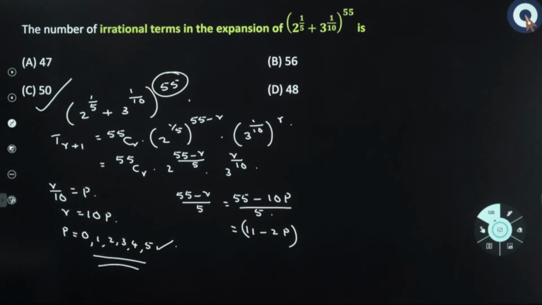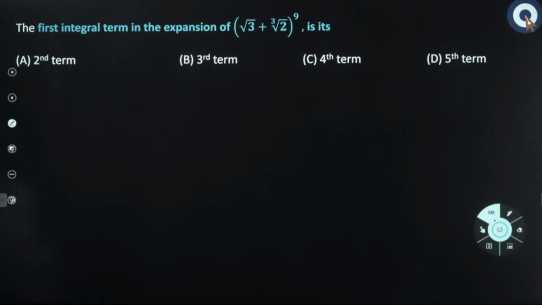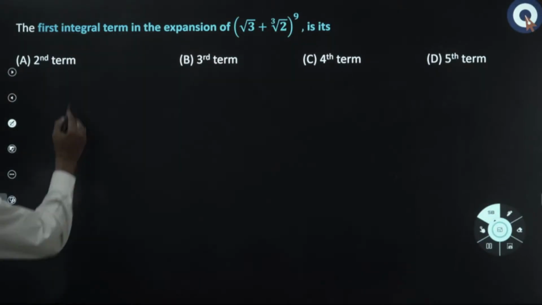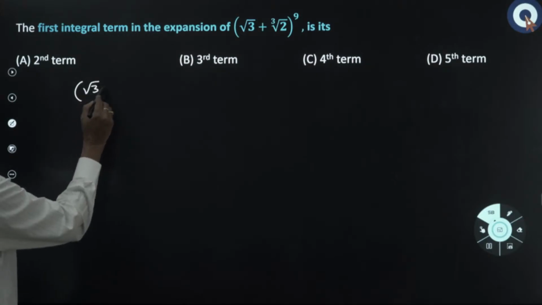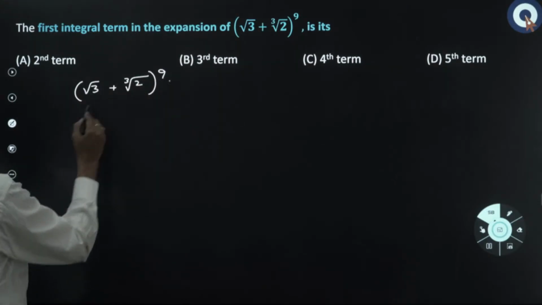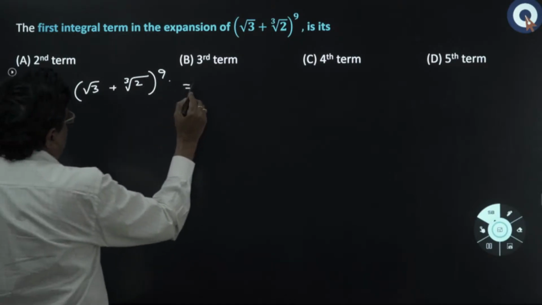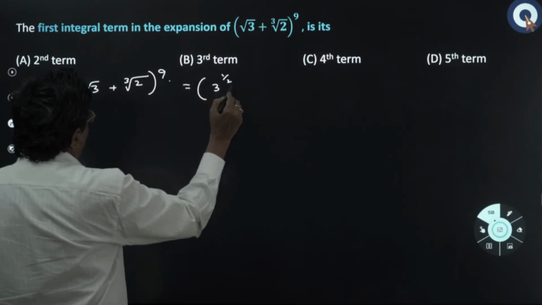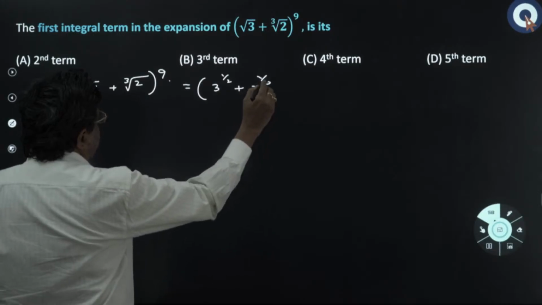So let us move on to the next problem. The first integral term in the expansion of (√3 + ∛2)^9. We'll write this as (3^(1/2) + 2^(1/3))^9.